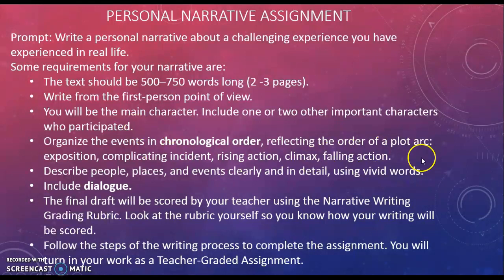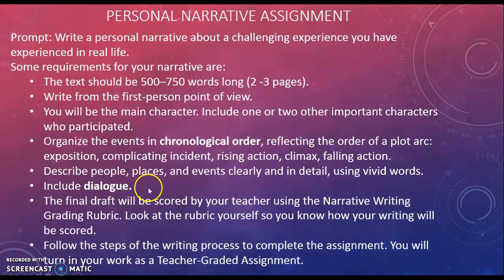You're going to organize the events in chronological order, reflecting the order of the plot arc. So again, exposition, complicating incident, rising action, climax, and your falling action and resolution. Describe people, places, and events clearly and in detail using vivid words. You want to make it interesting. You want to make the reader feel as though they were there when it happened.